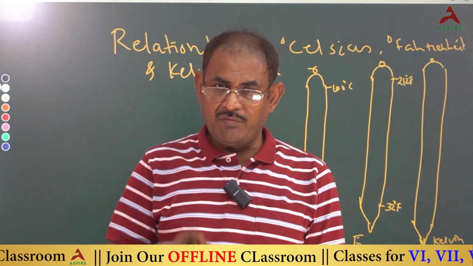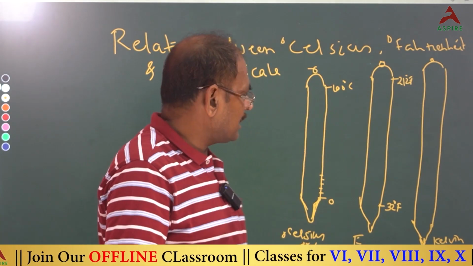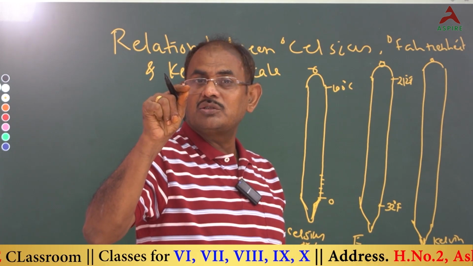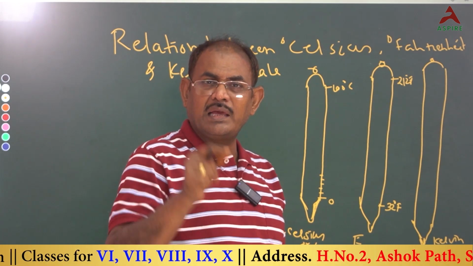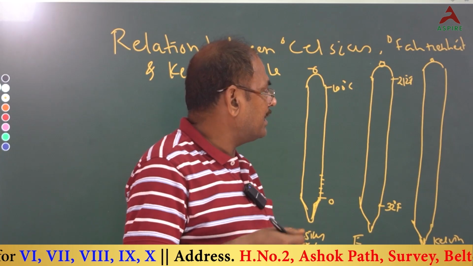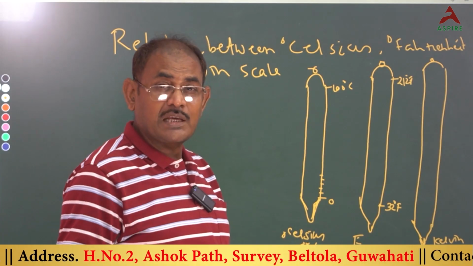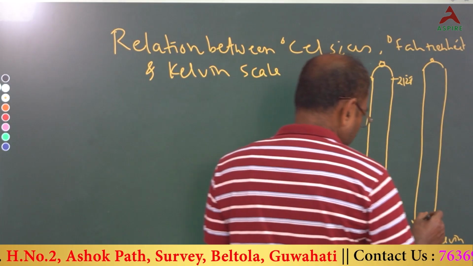That's clear? In the Fahrenheit scale there are 180 small divisions between 32 and 212, and one division means 1 degree Fahrenheit, right?